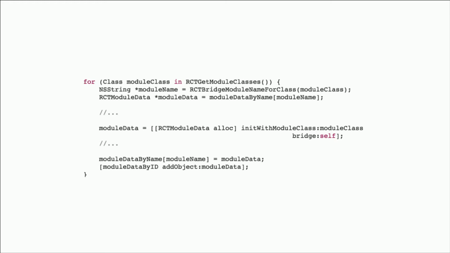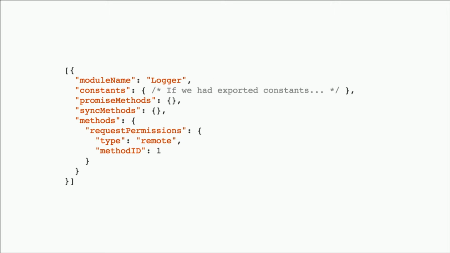And once everything is configured, you finally have your JavaScript context methods and create this configuration. So now our JavaScript context knows about all the native modules we have in the system. It knows everything. It knows methods. It knows signatures. It knows literally everything, even the constants if they export them.